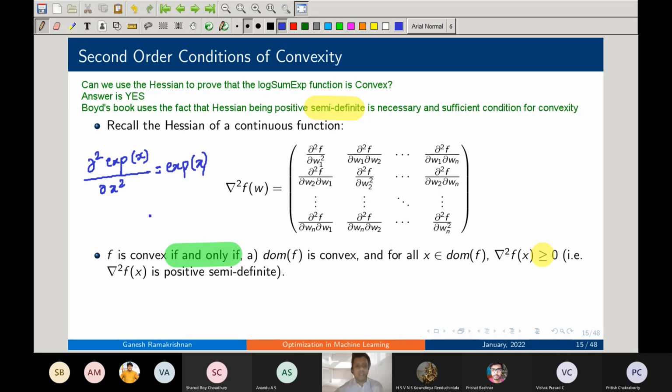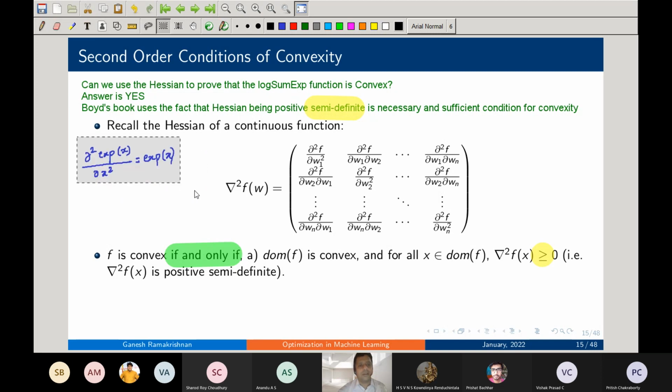Now suppose I give you, and I'm trying to go slowly, the sum of exps. Instead of going to log sum exp, let's look at sum exp: summation over i of exp of xi.